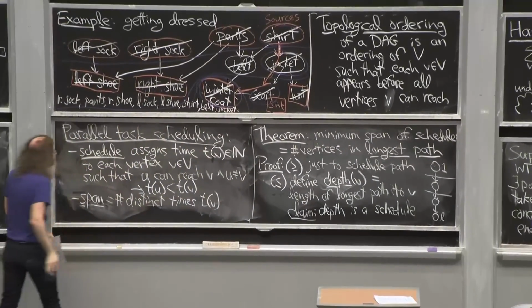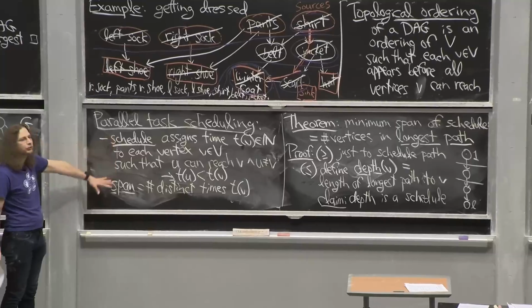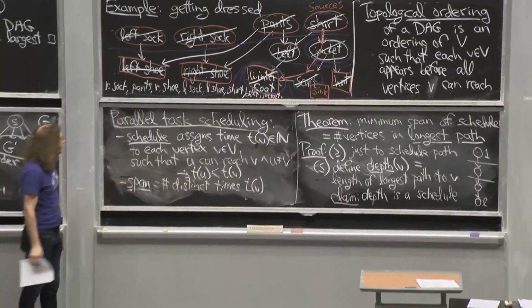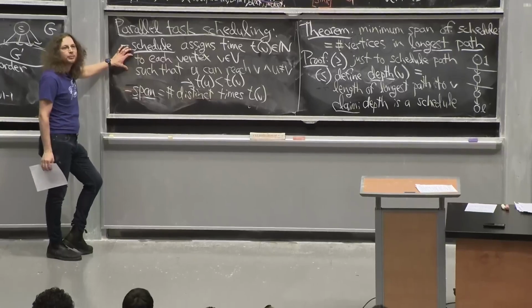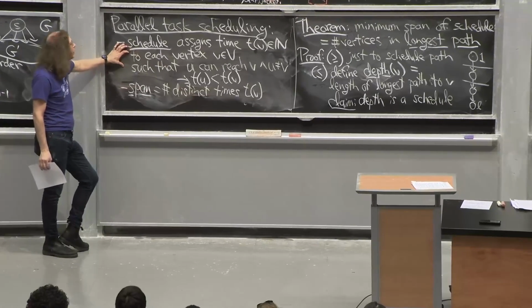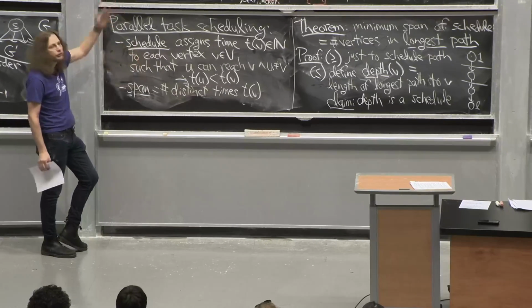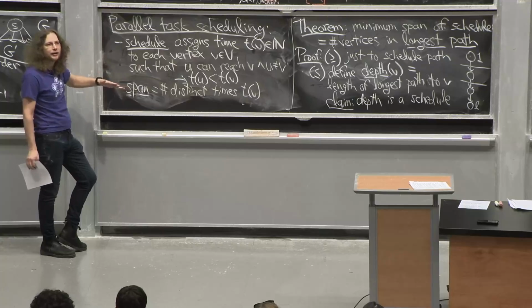Now, I claim antichains are really what's going on in the scheduling problem, in the sense that all the tasks that are done at the same time must be an antichain. So if you look at all the things that happen at time 0, those are the sources. Those have to be an antichain.